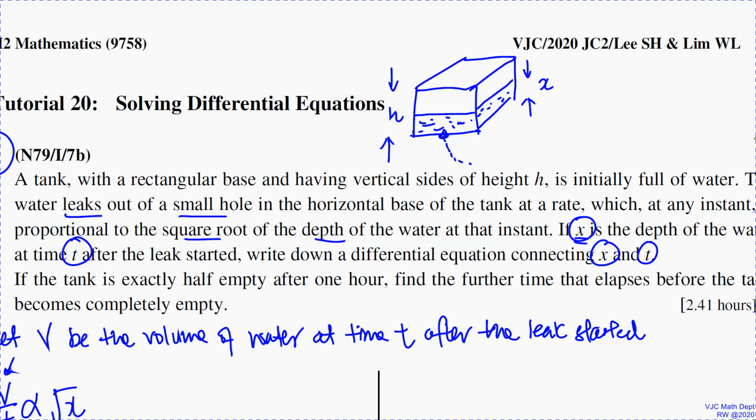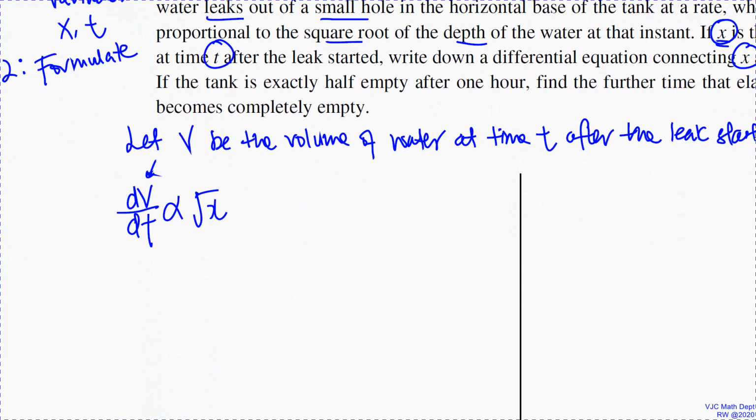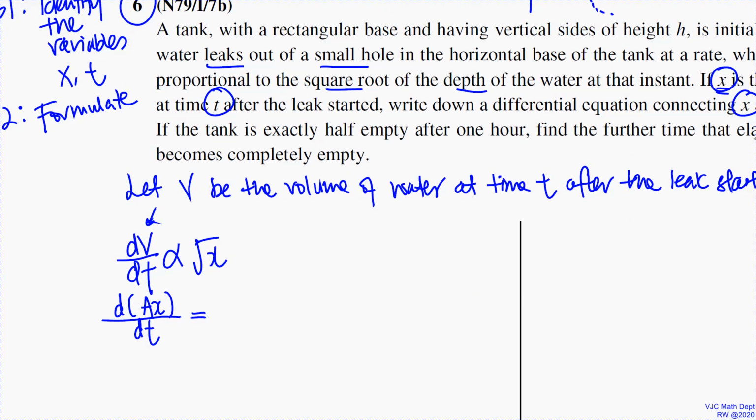Am I right to say that volume is the area of the rectangular base times the height of the water? Yes. So actually, I'm talking about d(Ax)/dt. Now, it's proportional to root x, so you may think it equals k root x.